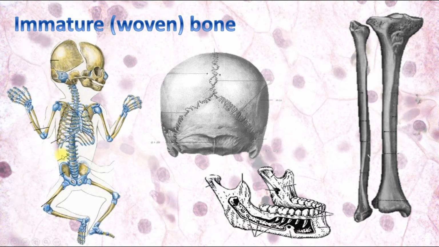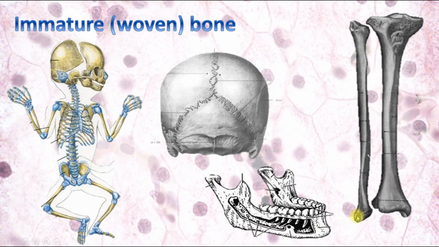Where do we have this type of bony tissue? We have it between bones of the skull. Synostosis of the skull is made up of immature woven bone, primary bone. Also, this bone surrounds roots of teeth, and also places where tendons are attached to the bones.